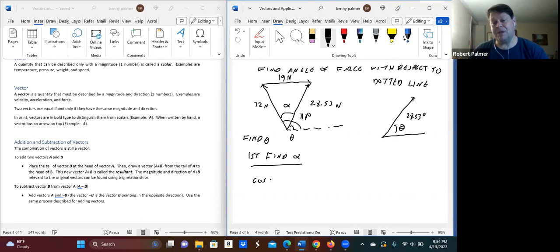What we have is that the cosine of alpha is equal to the opposite side squared, which is 19 squared, minus 32 squared, minus 28.53 squared.